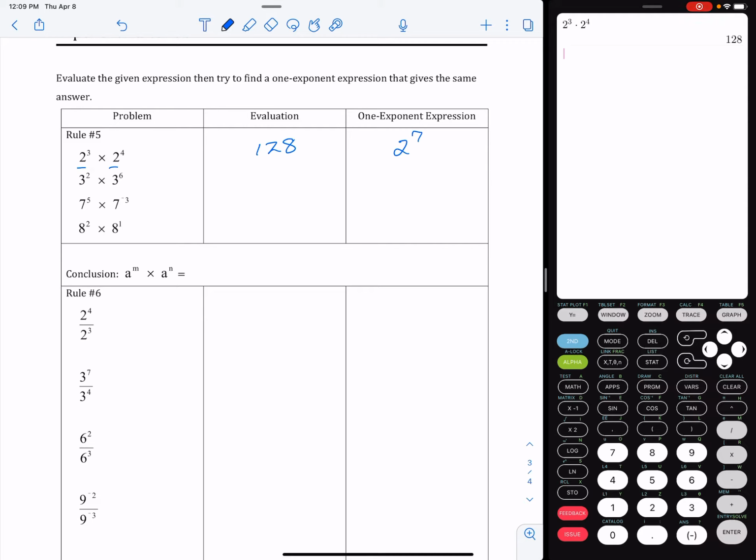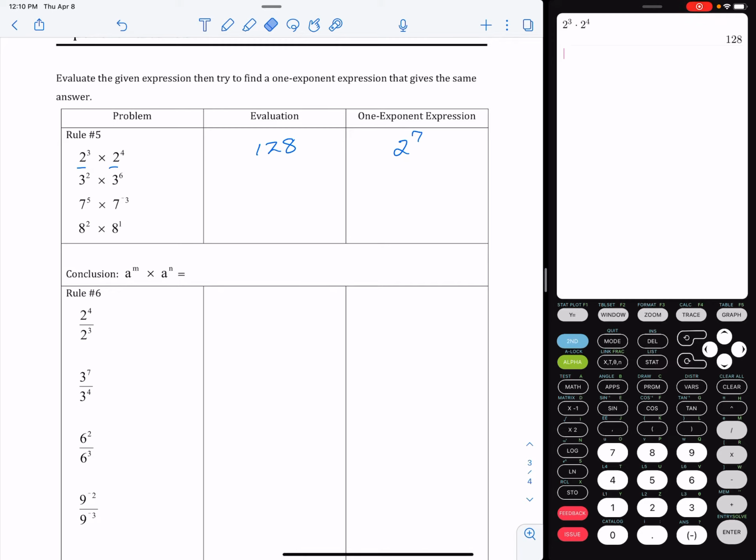Okay, if you do the next one, 3 to the 2nd times 3 to the 6th, you end up with 19,683 as an answer. For your single exponent expression, you end up with a base of 3 with an exponent of 8. Oh, and I did 9 instead of 8, so that's not 19,683. Let me go back and look at that real quick, because I typed this in and did it to the 9th instead of the 8th.